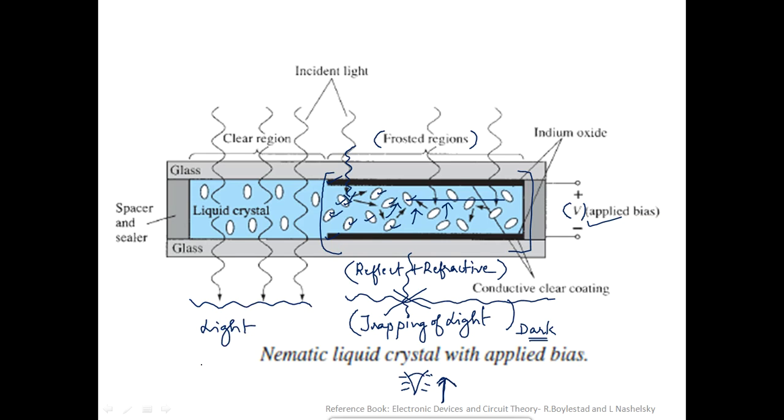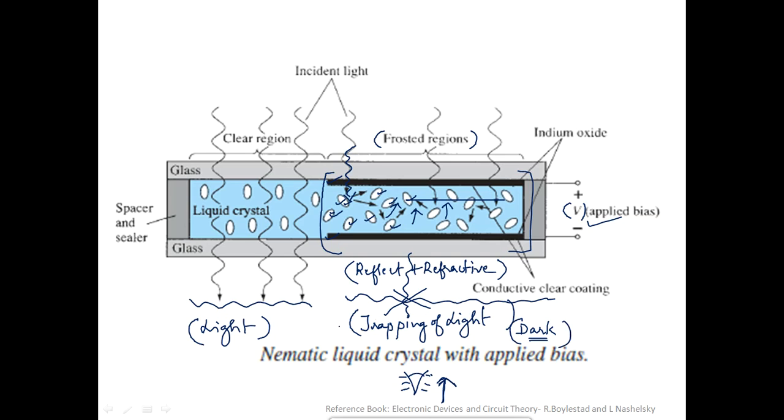So what does that mean? In a single unit, some region appears completely bright because light is getting passed, whereas the other region where the light is trapped appears dark. So now there is a display of dark and light.